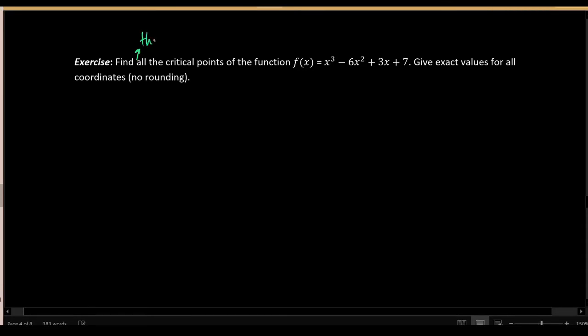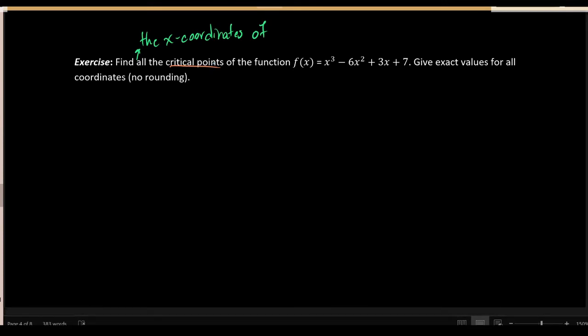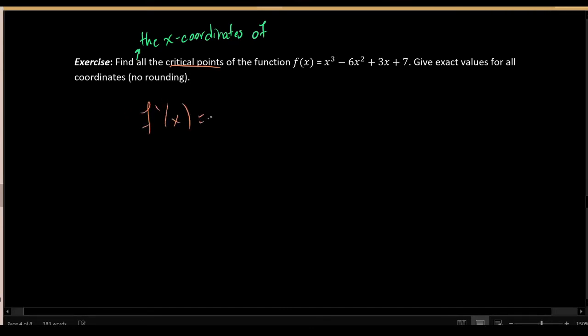Let's just find the x coordinates of all the critical points of this function, we won't worry about the y coordinates of the points, just the x coordinates. By definition, when we're looking for critical points, we're looking for locations where either f prime of x is equal to 0 or f prime of x is undefined.